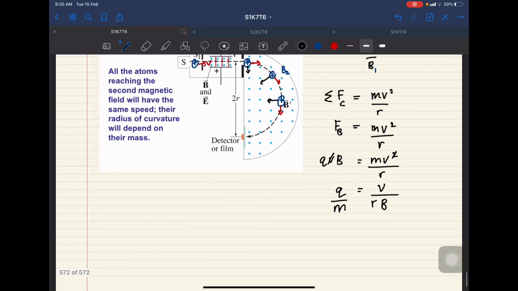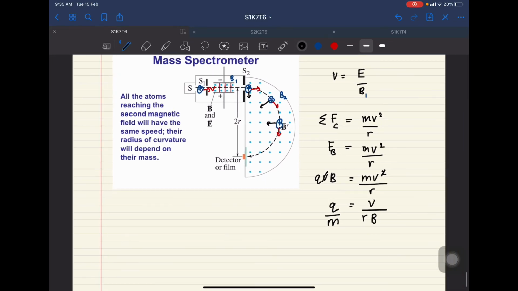If you don't have the value for V, you have to substitute it inside here. So this V is basically the velocity that the charge came out with from the velocity selector.